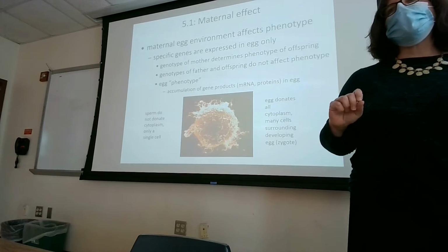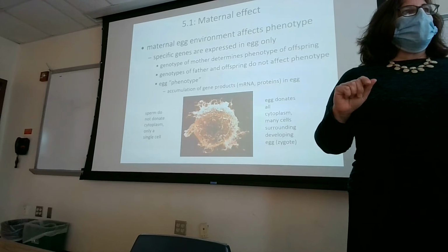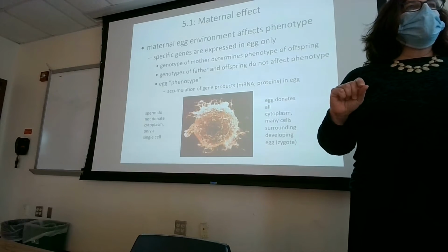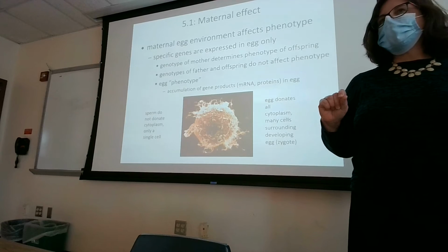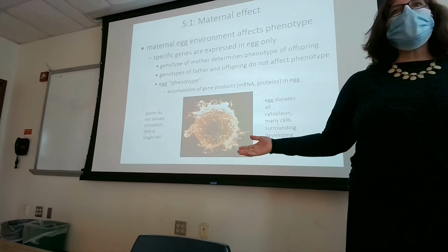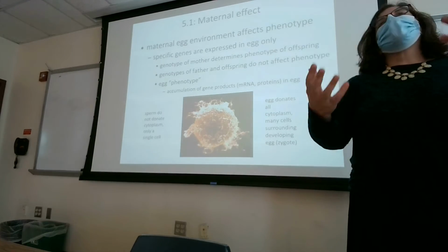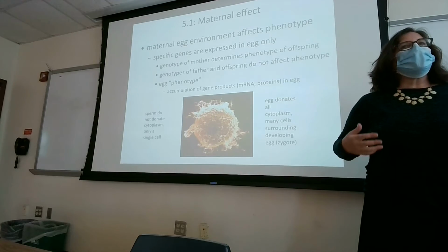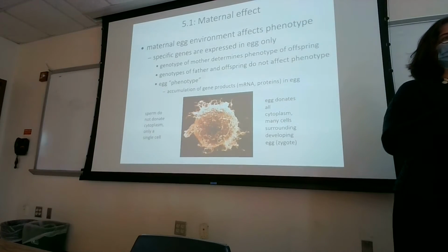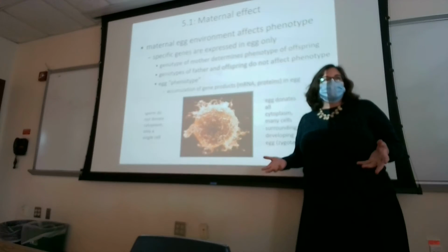What's a cytoplasm used for in an egg? Have you ever thought about that? The whole organism comes from that cytoplasm, right? So the beginning of embryogenesis, the beginning of that life, that new organism, comes from that cytoplasm.